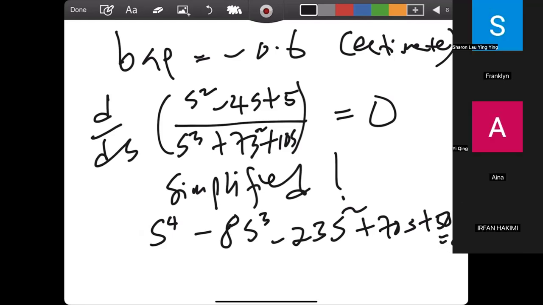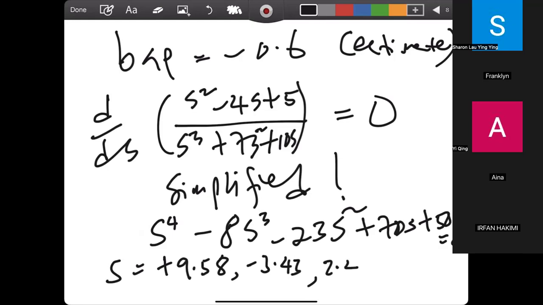Find the roots. Positive 9.58, negative 3.43, 2.46, and negative 0.62.